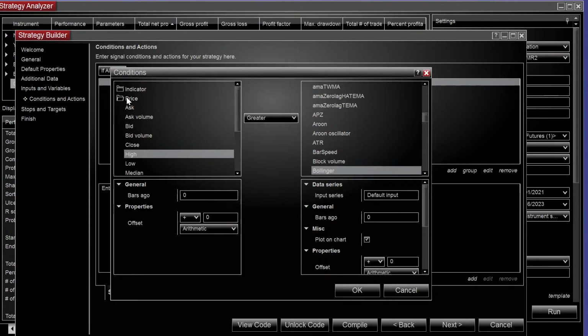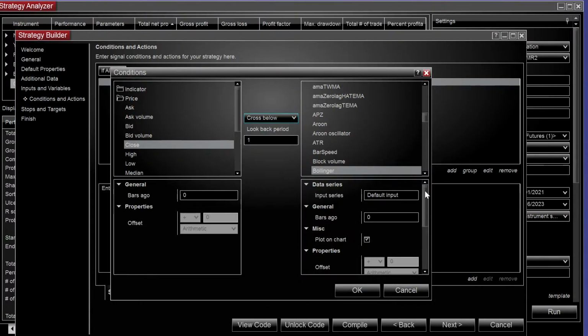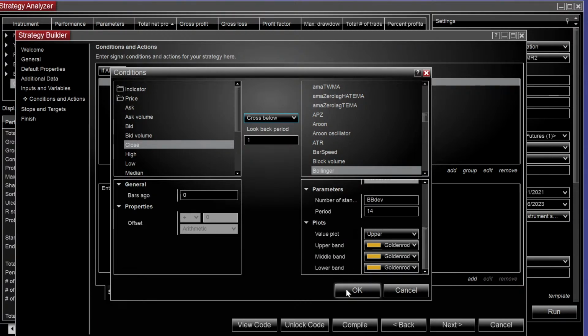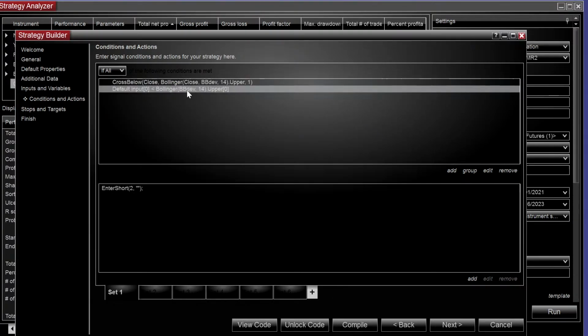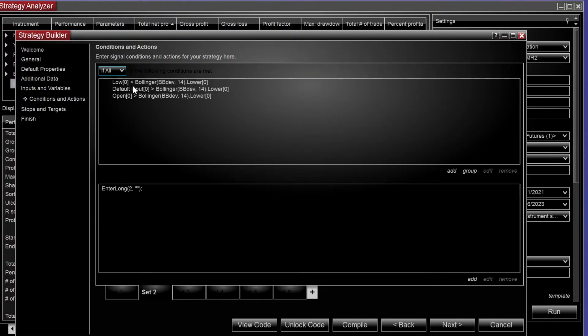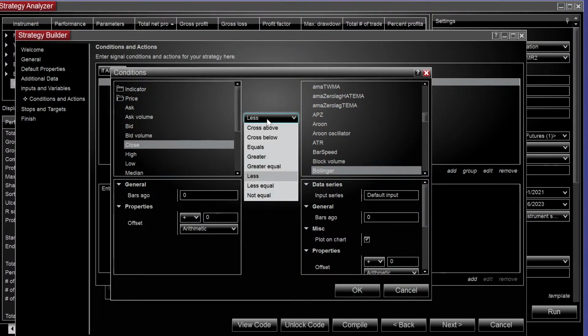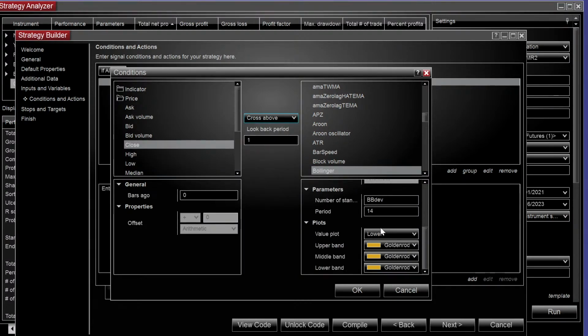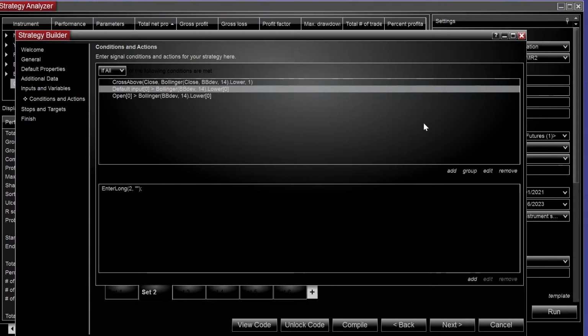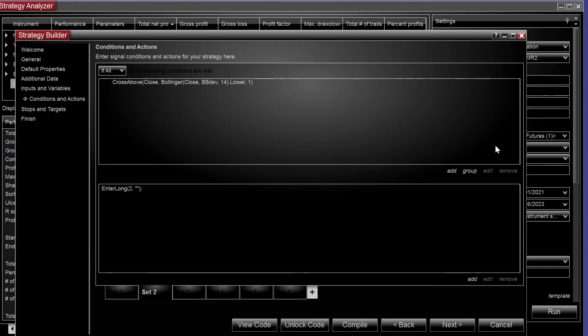So to enter short, price close crosses below upper band. Say goodbye to the wick. Price close crosses above the lower band. Goodbye to the wick.